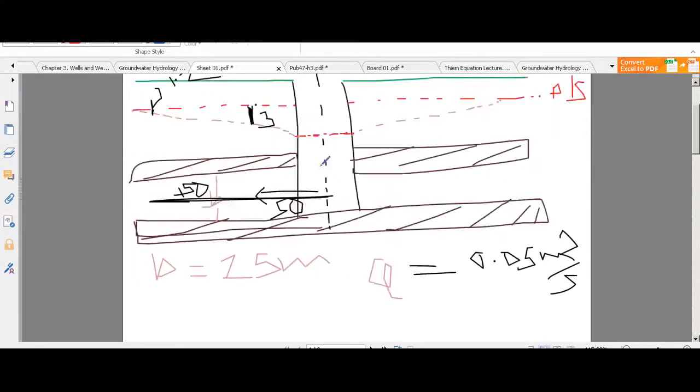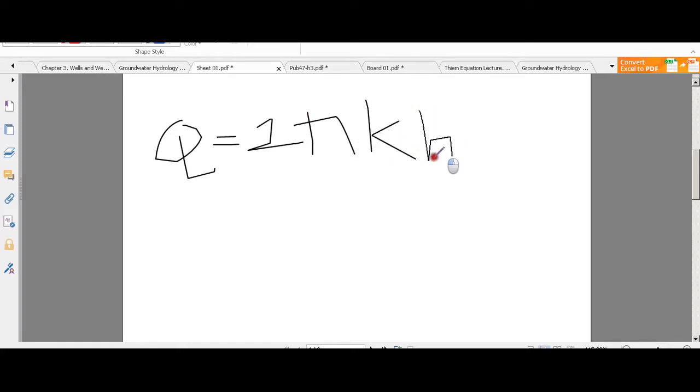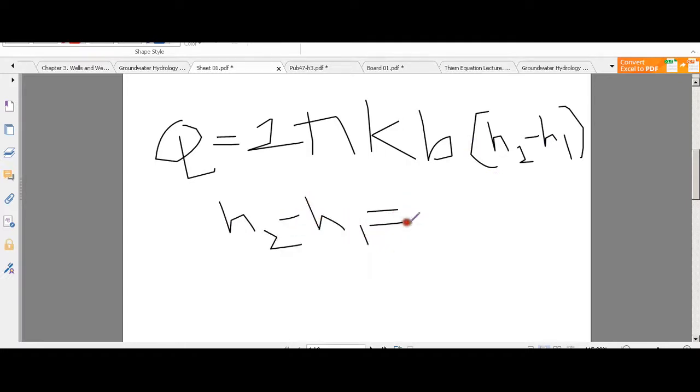Now write the equation again. Q equals 2 pi K B times H2 minus H1. Now H2 minus H1 is the same as S1 minus S2, so you can replace it by S1 minus S2.